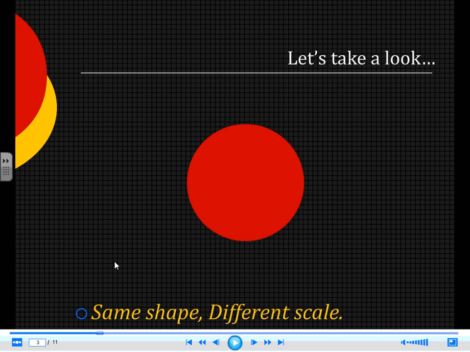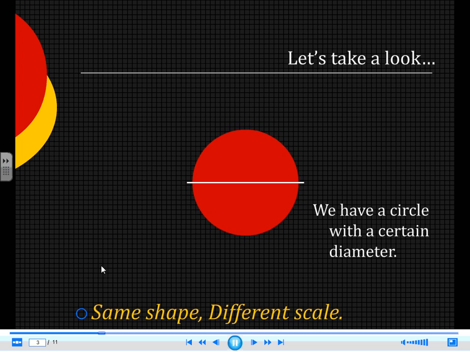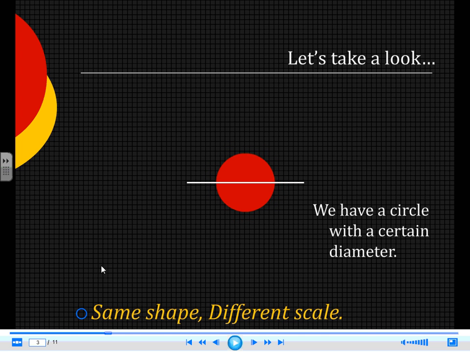Now, take a look at that red ball. All right. Same shape. It just got smaller, didn't it? You see the diameter of the figure shrunk too? Yeah. When we do things proportionally, the figures are still similar.